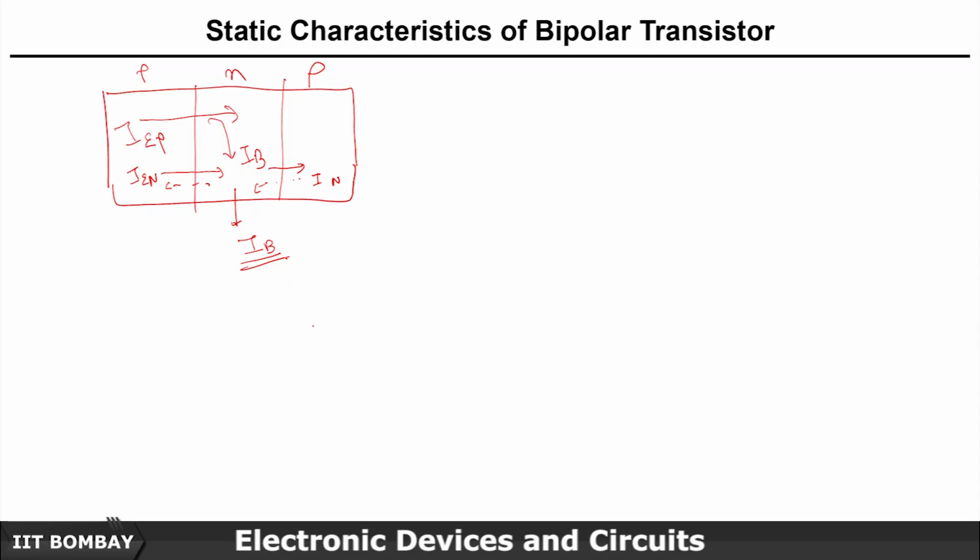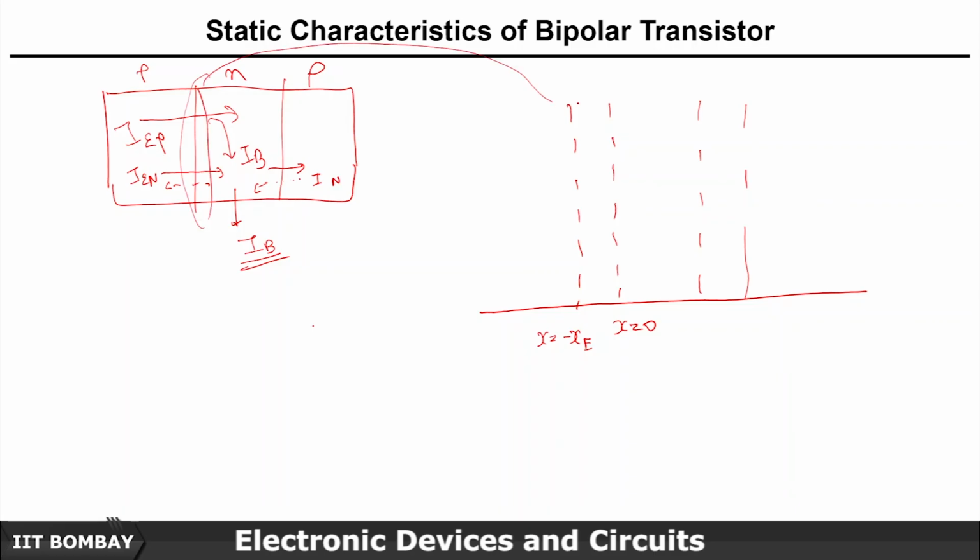So I am going to draw the distribution of these minority charge carriers. Let's say this is the first depletion region, and this is x equal to 0, and here x is equal to minus xe. This region is another depletion region, which is wider than this one, so this corresponds to this depletion region, and this corresponds to that depletion region.